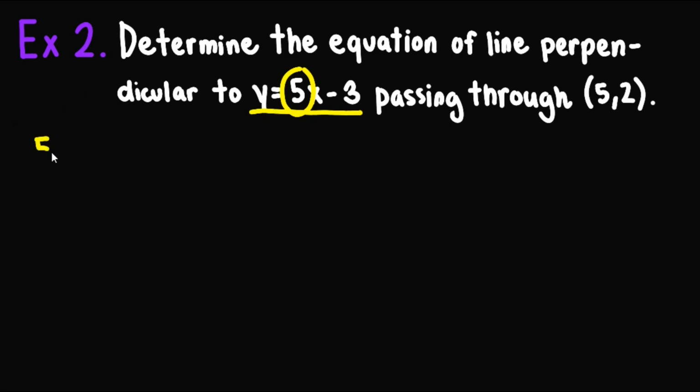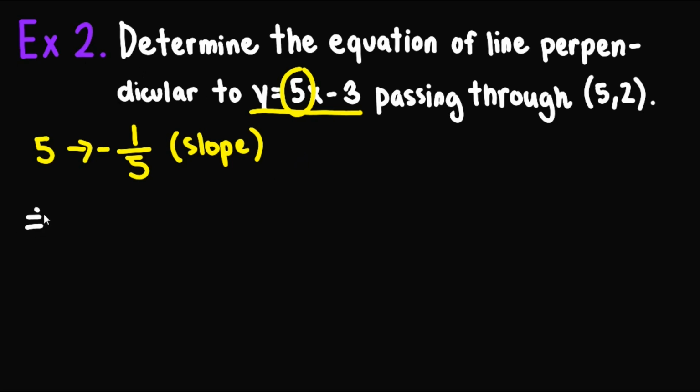So from 5, taking its negative reciprocal, we take its reciprocal, so we have 1 over 5, then get the negative of this, we have negative 1 over 5. So this is the slope of the line perpendicular to y equals 5x minus 3.